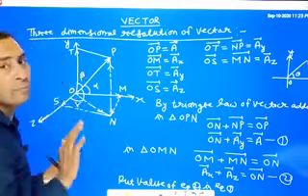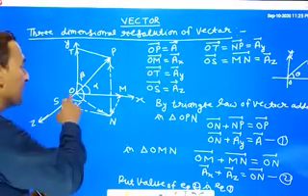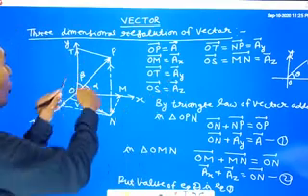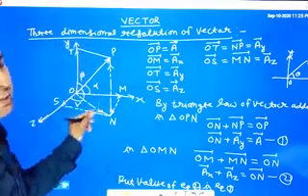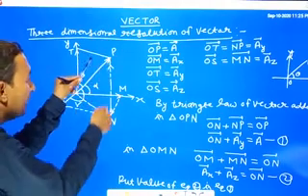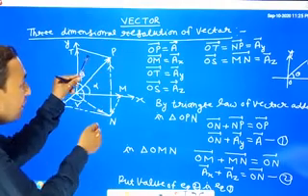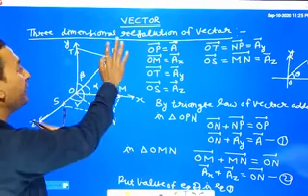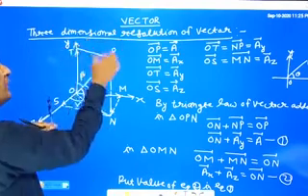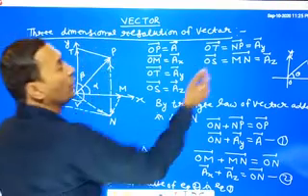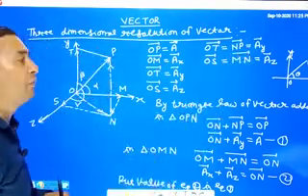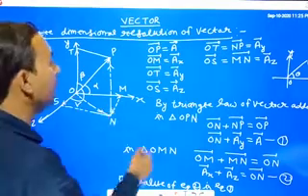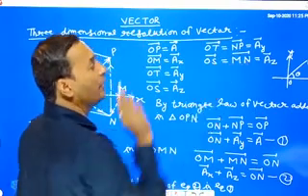Then OM is the component in the x direction, OS is the component in the z direction, and OT is the component in the y direction. And by the diagram, it is clear that PN is parallel to TO. So NP is parallel to OT, and NP and OT are equal. So we can write NP equal to Ay. Like that, OS and MN are parallel and equal. Then we can write OS equal to Az, and MN also equal to Az.